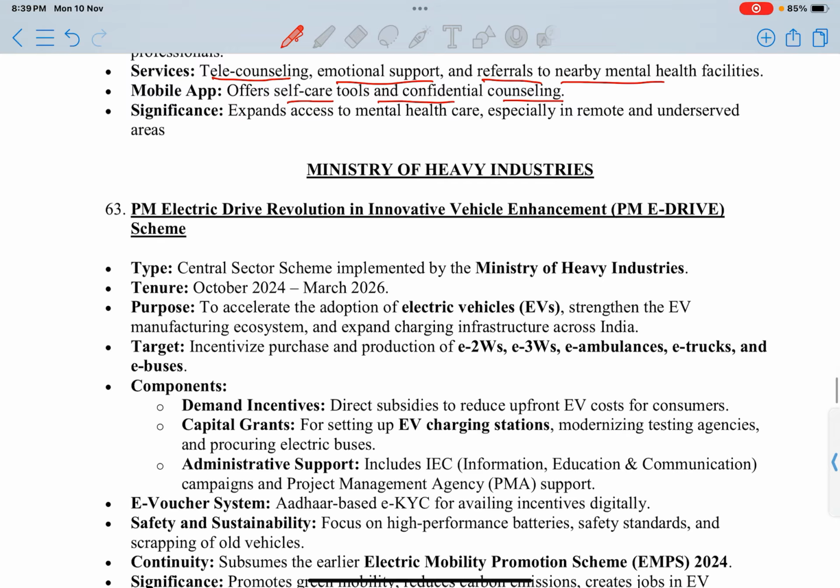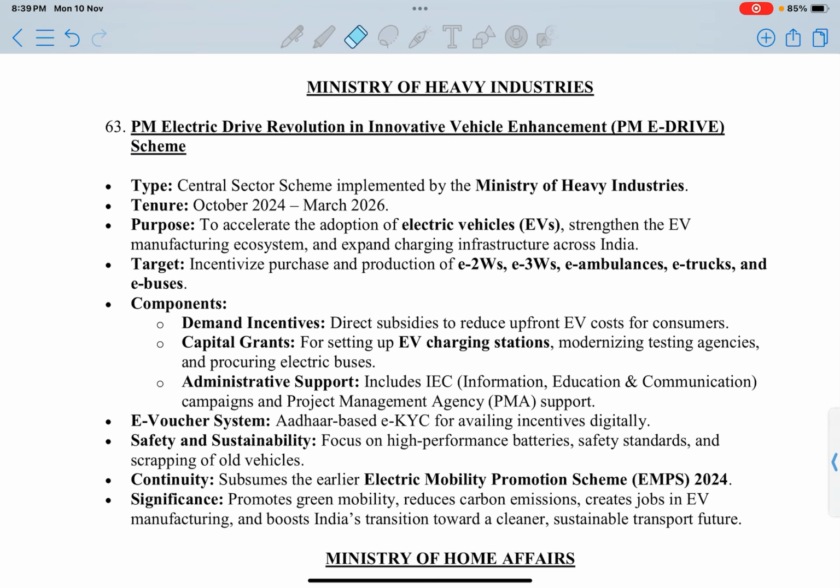Then the next ministry we are going to talk about is the Ministry of Heavy Industries. PM Electric Drive Revolution in Innovative Vehicle Enhancement, that is PM E-DRIVE. It is very important. Type: Central Sector Scheme implemented by the Ministry of Heavy Industries.